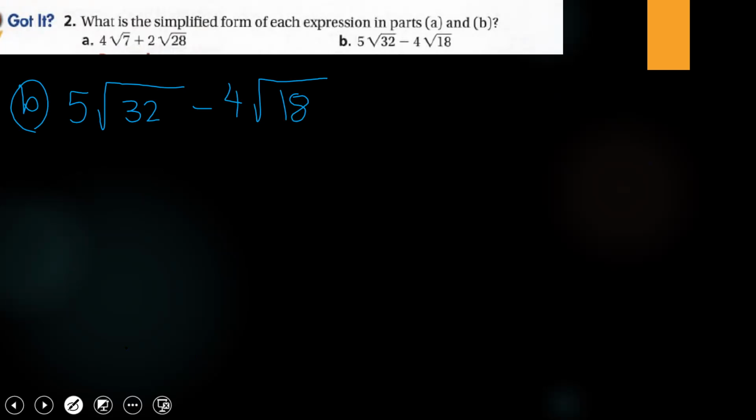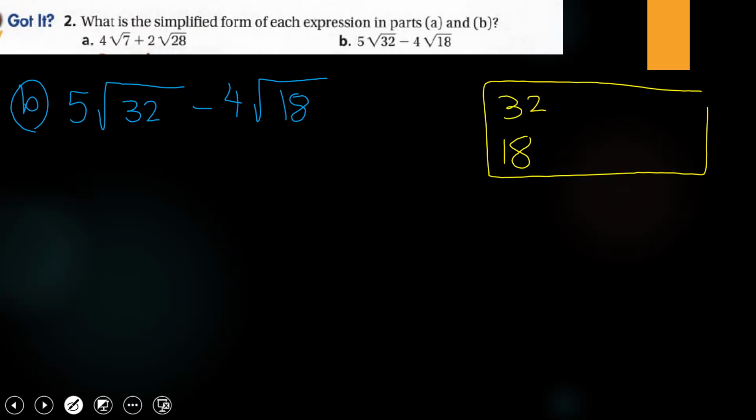No. So let's now take the 32, make a table here for 32 and for 18. Now, when you factorize both of these two numbers, I want you to give me a factor that is common between them.